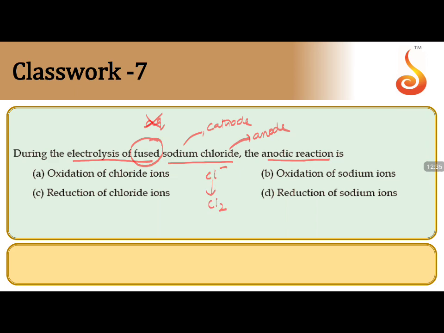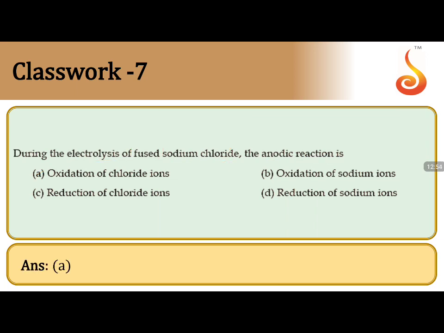This process is loss of electrons, so this is oxidation. So oxidation at anode, oxidation of chloride ions, option A. So the answer is A, oxidation of chloride ions.